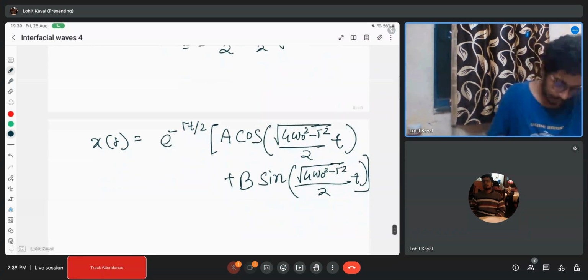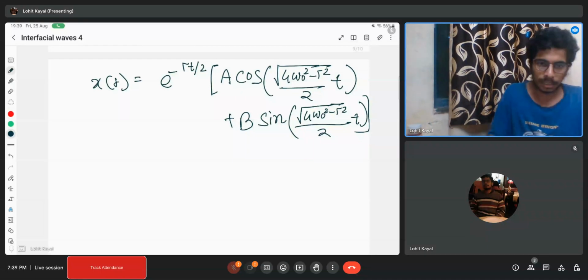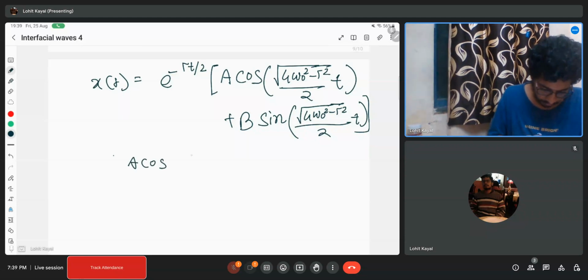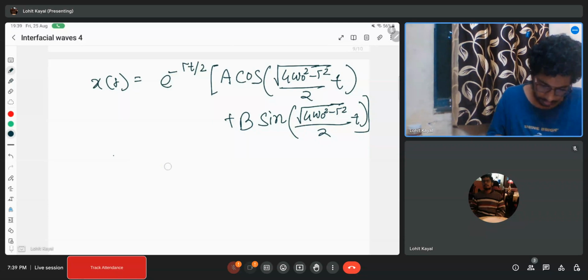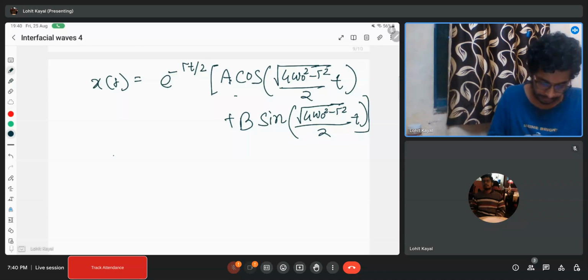Suppose you have an equation like this, something like a cos of something t plus b sine of something t. Now we can simplify it.